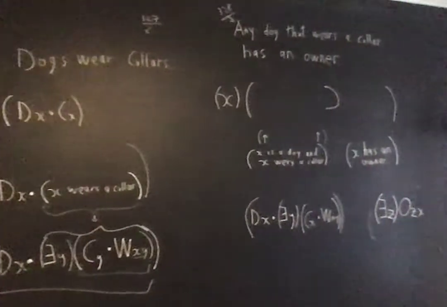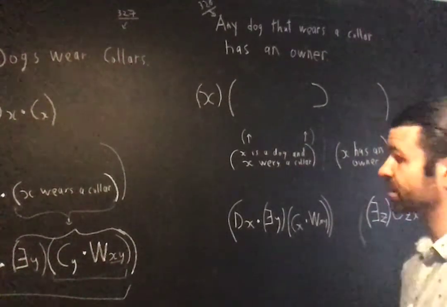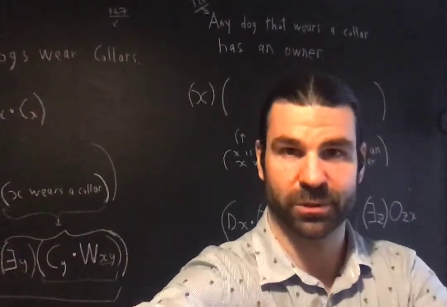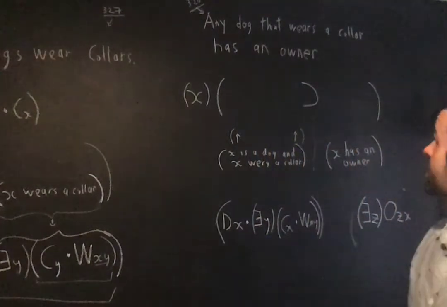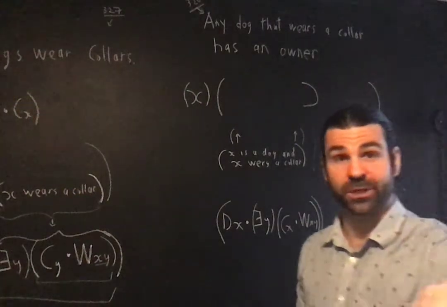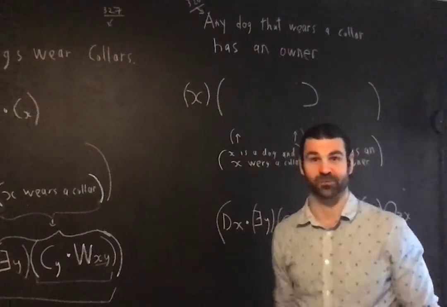3. This is the one that Klenk works out on page 328. Okay? And there's reasons why there are these partial things on the board. So the sentence is, "Any dog that wears a collar has an owner." The first thing I've written down is step 1 of the 1, 2, 3 steps of translating.